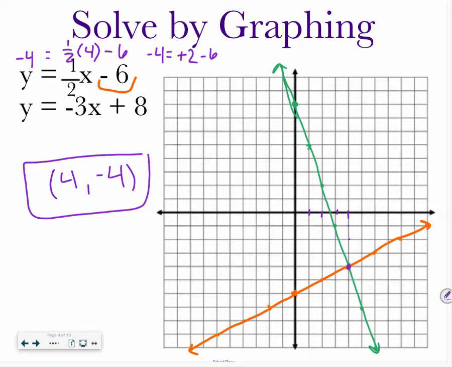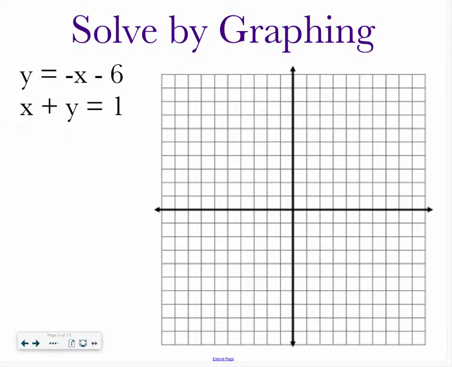Is that true? Yes. I could have checked it in the other equation too: negative 4 equals negative 3 times 4 plus 8. So this is negative 12 plus 8. Is negative 12 plus 8 negative 4? Yes. So I know my answer is absolutely correct, and I can move on without questioning.